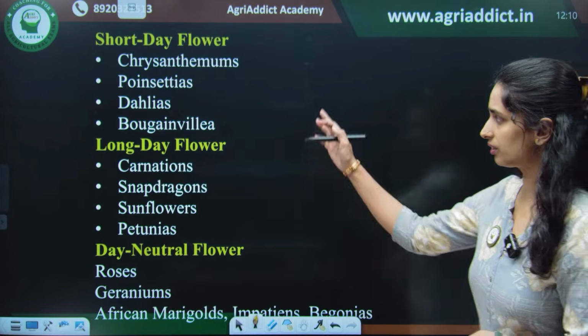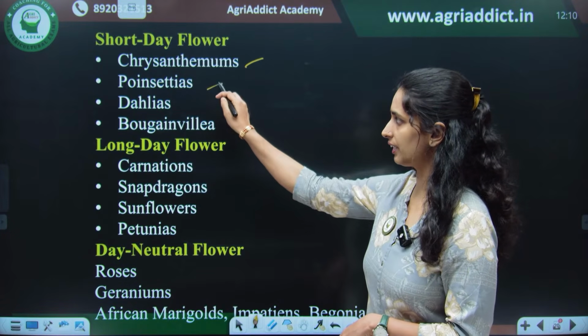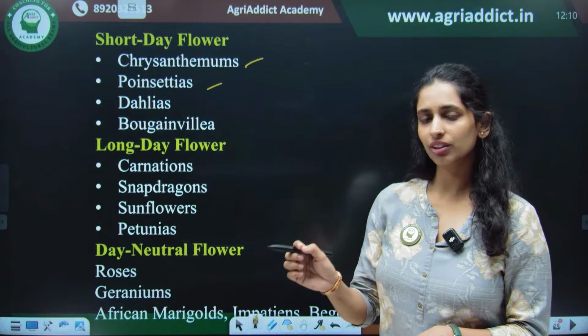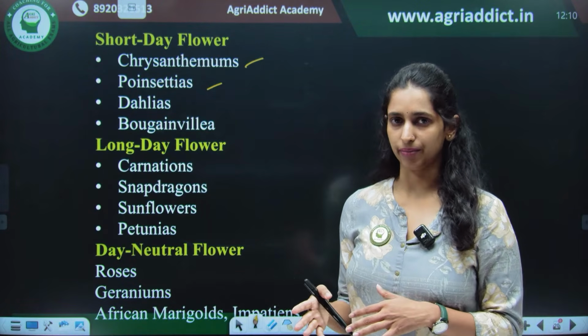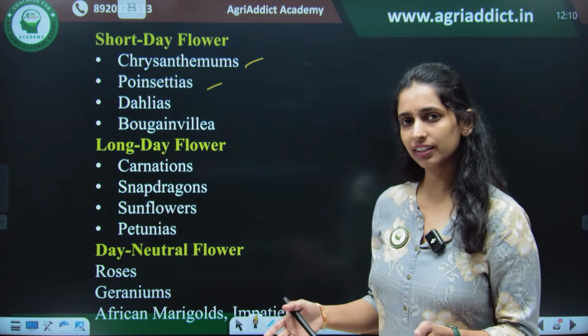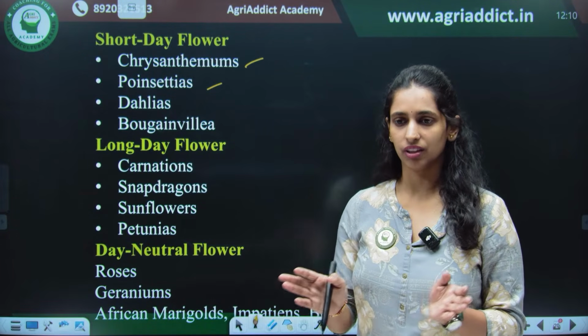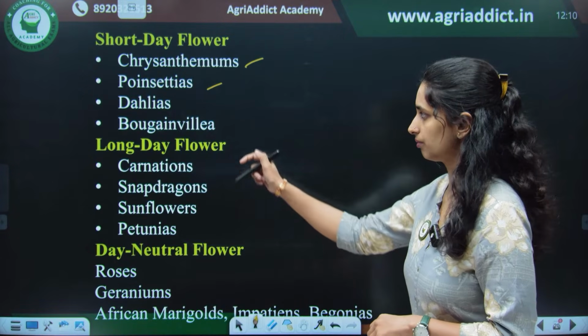So these are some important short day plants like chrysanthemums, poinsettias. Poinsettia is also called as Christmas plant. So Christmas का time कब आता है? December 25th. December 25th is a winter month and it is having the short day condition. जो plants winter में bloom करते हैं ना, वो सब short day है almost.